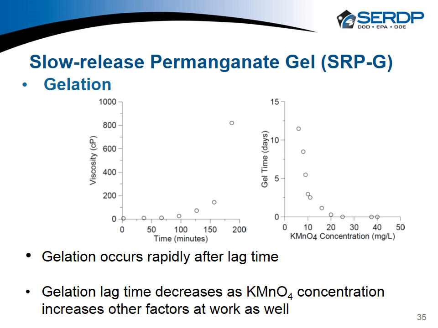And when it becomes lower, 18 milligrams per liter, it was about 1.5 days. And as it goes lower and lower, it becomes more and more sensitive. So with only slight differences in permanganate concentration at the lower end, we see a large difference in gelation lag time. The longest lag time we achieved was 13 days. It stayed the same for 13 days, and all of a sudden it formed gel.